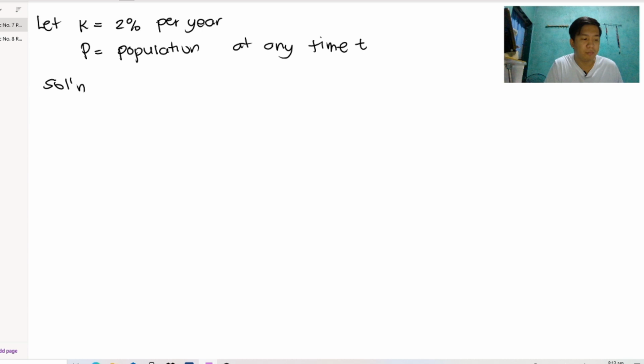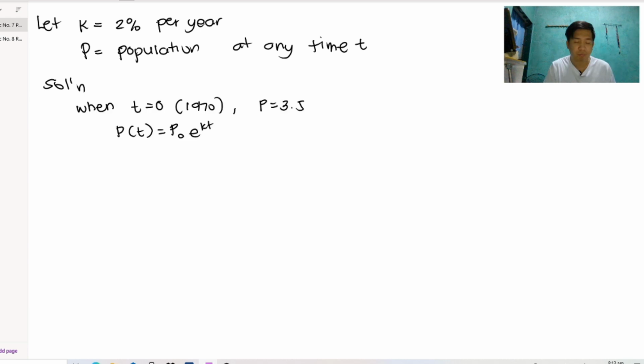So, using this formula, P sub O e raised to KT, the initial value, the P for the year 1970, is 3.5 billion. So, it is equal to P sub O e raised to K times 0.